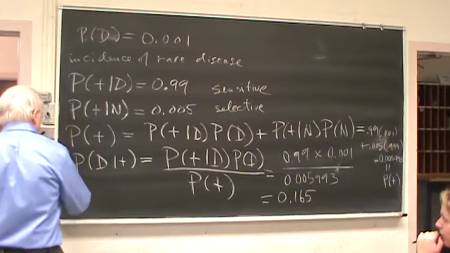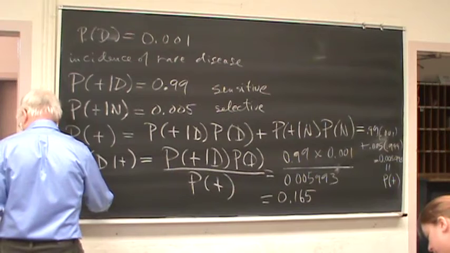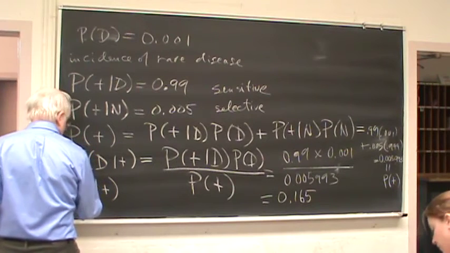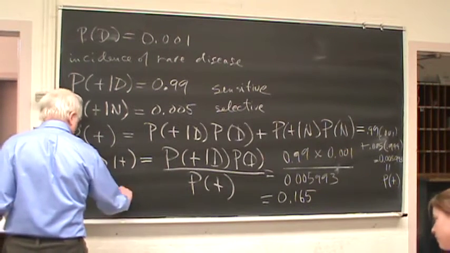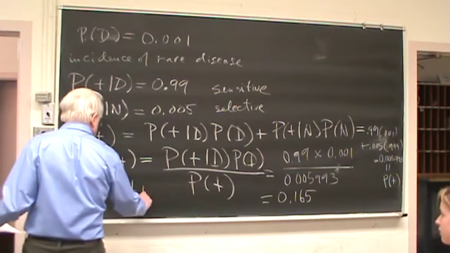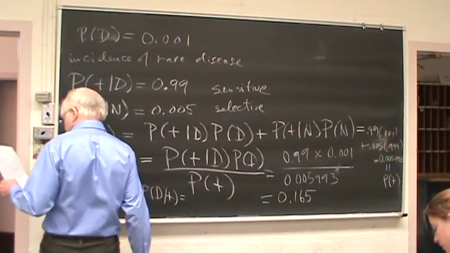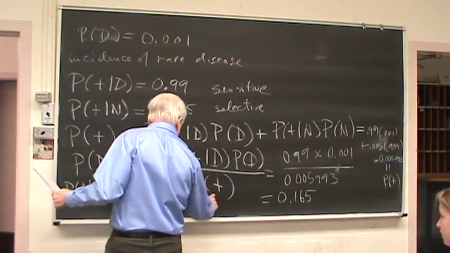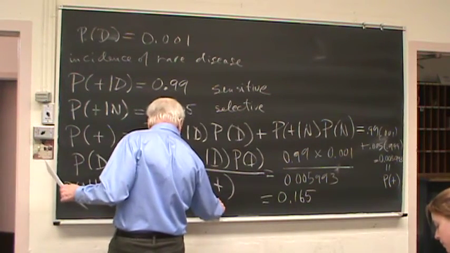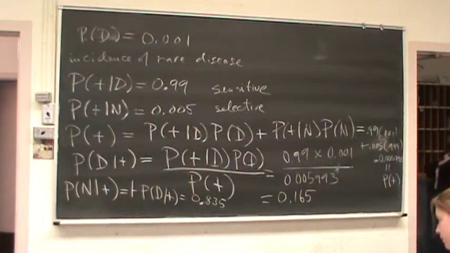And the probability of not having the disease given a positive result, which is to say a false positive, is of course 1 minus P of D given plus, which is then 0.835. So in other words, what we've got is a false positive rate of nearly 84%.